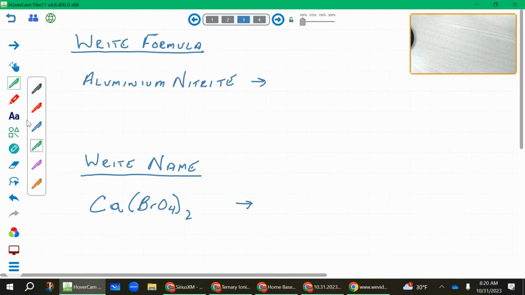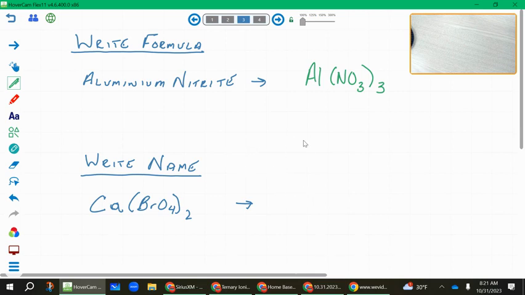Anyone have a formula for aluminum nitrite? Joshua: Al(NO3)3. Okay. Anybody have a name for CaBrO4, Michaela?